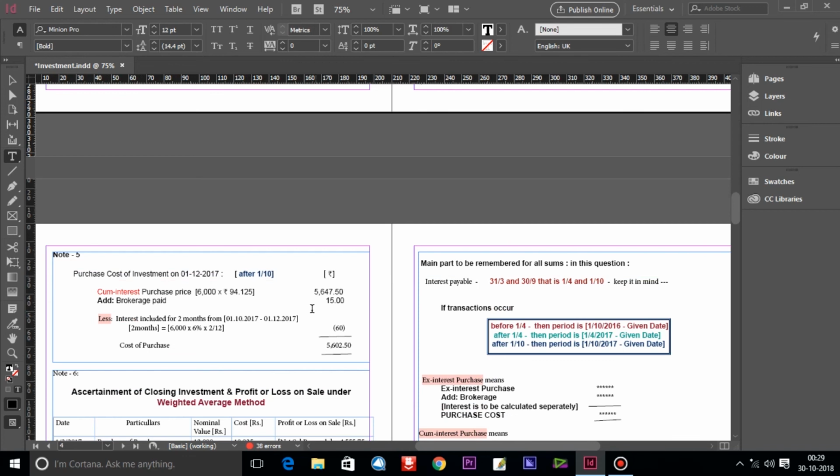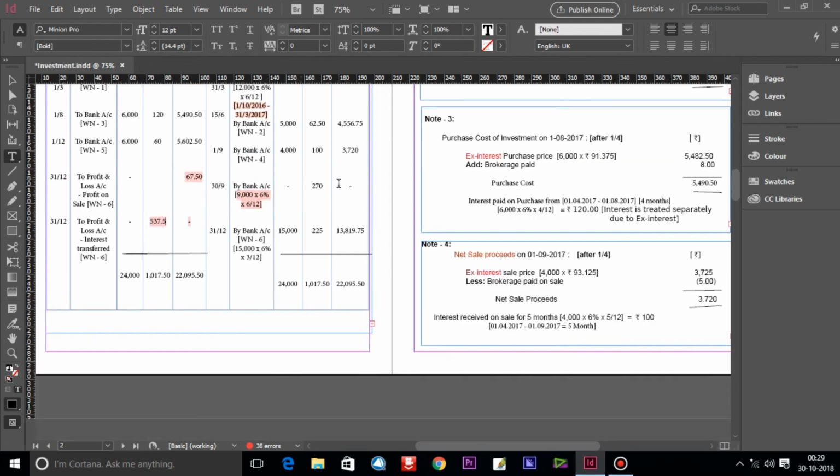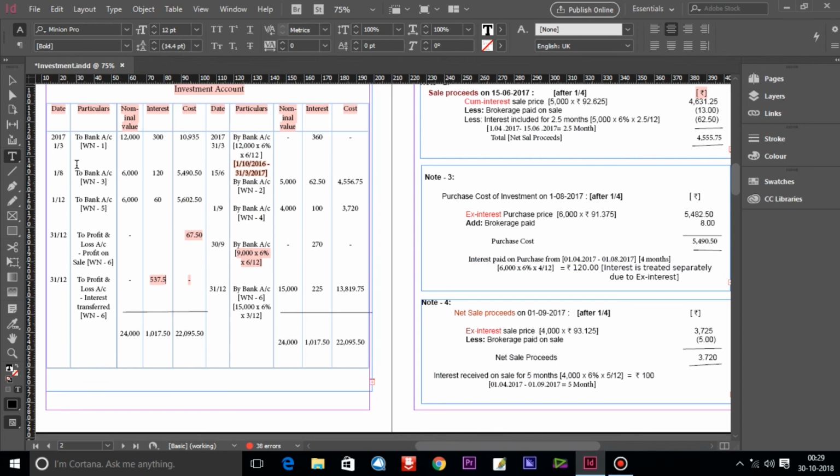It is a profit, therefore you got that amount and put here. And if it was a loss, then you had to put that amount on cost on credit side. Again, you could have put profit on debit side as 68 and loss on credit side as 0.50.